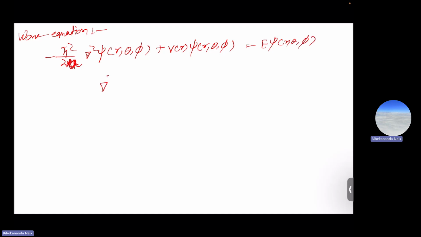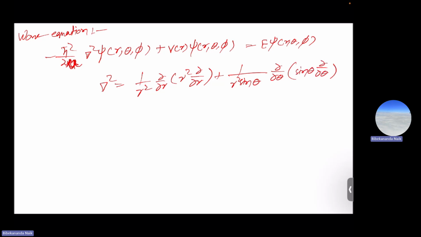What is the form of the del square operator? It is 1 by r square del by del r of r square del by del r, plus 1 by r square sin theta del by del theta of sin theta del by del theta, plus 1 by r square sin square theta del square by del phi square.